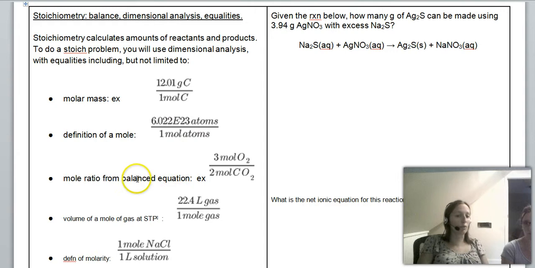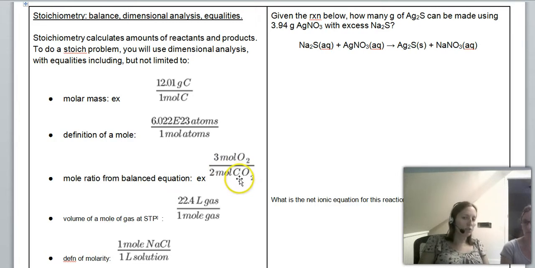Another equality is the mole ratio equality. What that's doing is relating, in the reaction that I am working with, and apparently this reaction has carbon dioxide and oxygen in it, every time I use 3 moles of oxygen, I get out 2 moles of carbon dioxide.